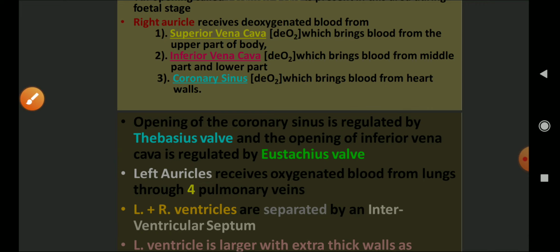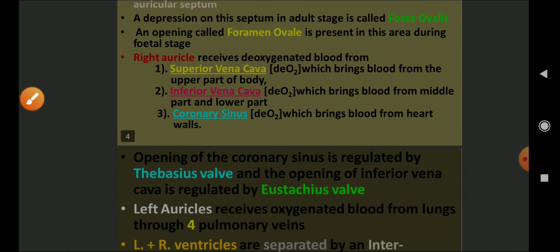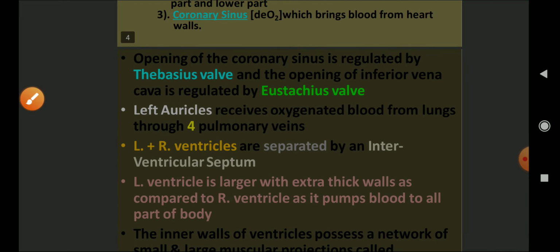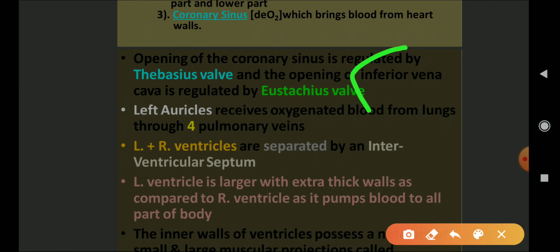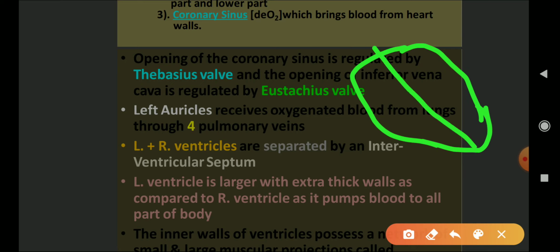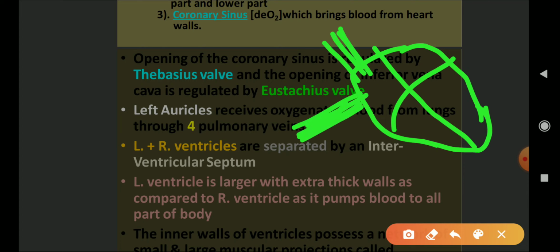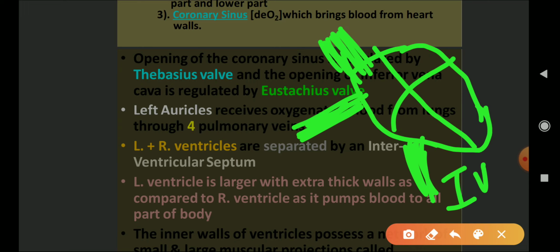If I draw the figure of the heart, suppose in a conical shape, you can understand better. So this is the inferior vena cava, this one is the superior vena cava, this one is the coronary sinus.